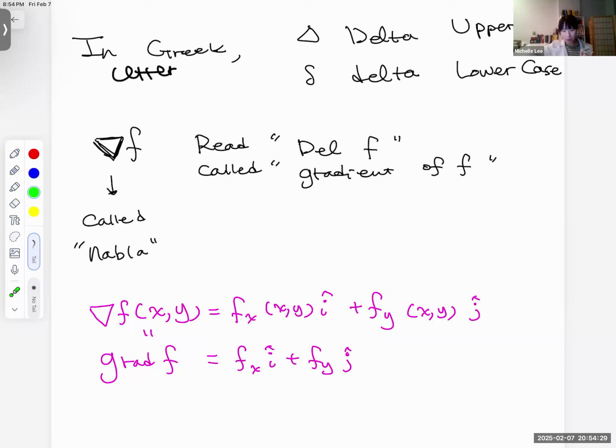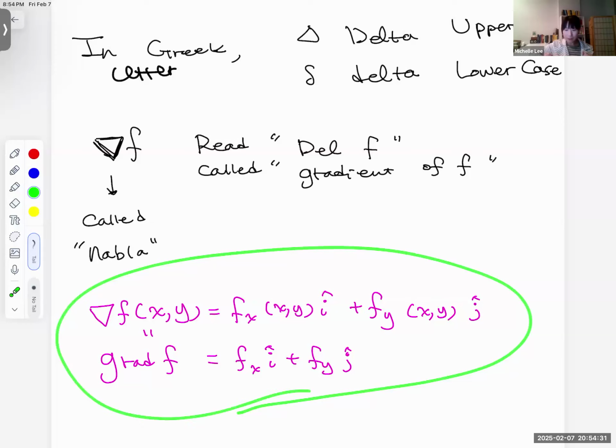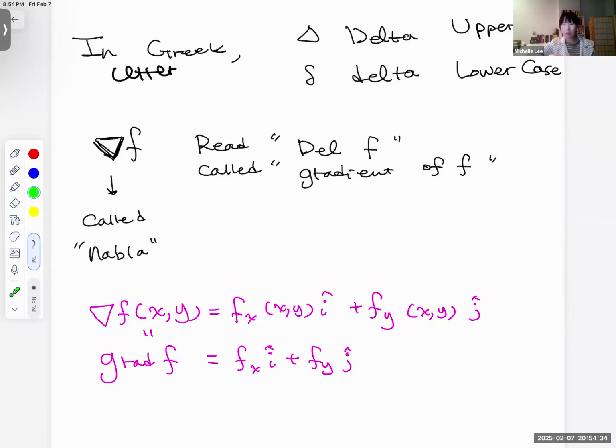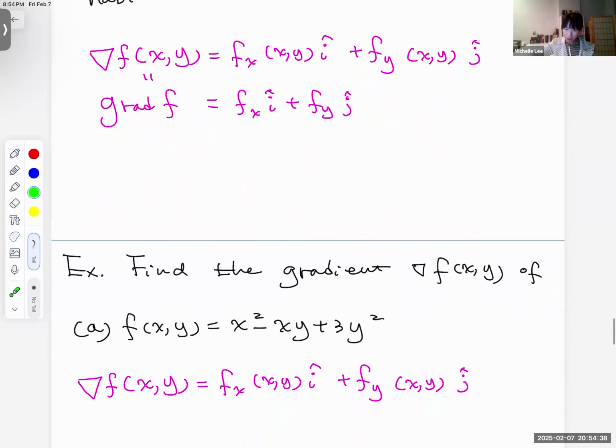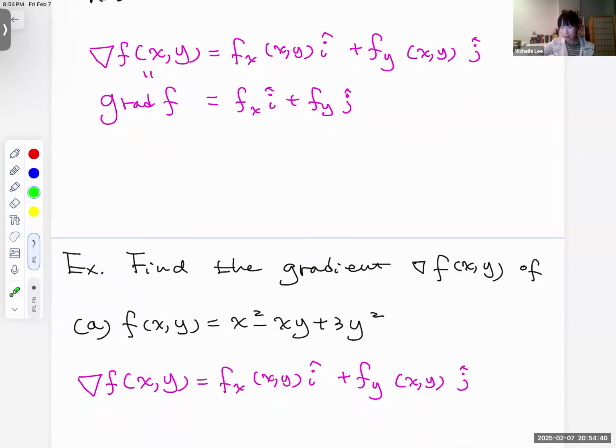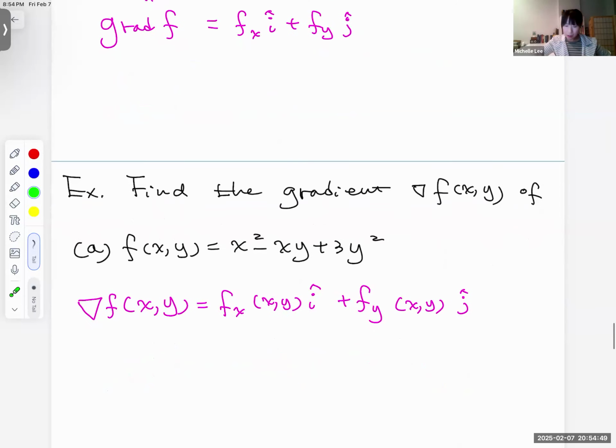Okay, so make sense? All right, then let's do an example. So find the gradient, and then we have the equation of the function there, right?